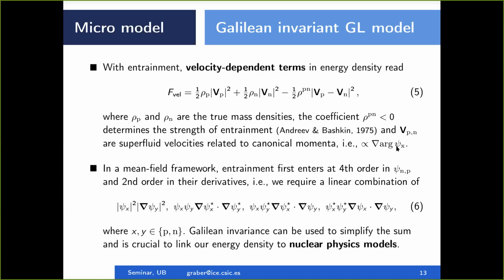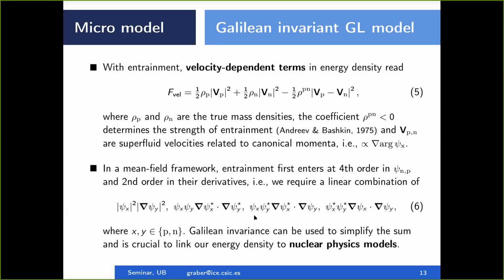And the velocities are actually related to the canonical momenta in the system. So we have basically a 2-order parameter system where we have 2 wave functions, one for the neutrons and one for the protons. And if we wanted to recover a term like this, consistently including different terms into the mean field framework is only possible if we include 4th order terms in psi n and psi p and 2nd order in their derivatives.